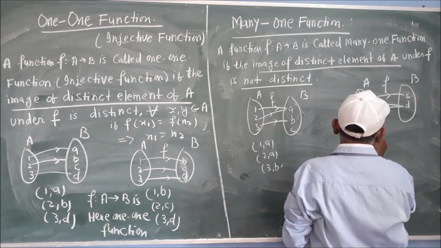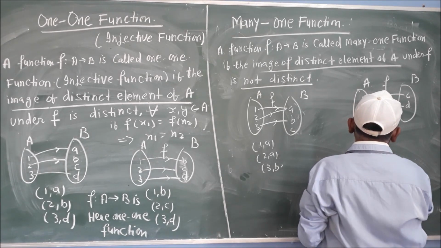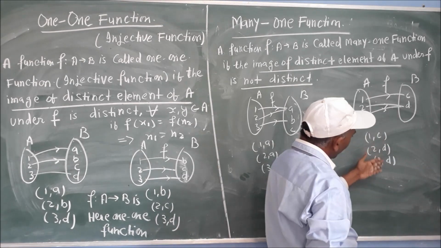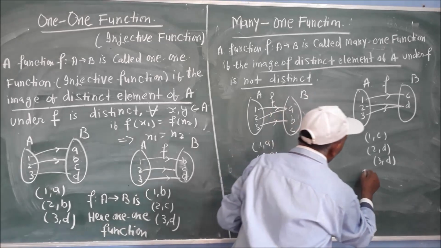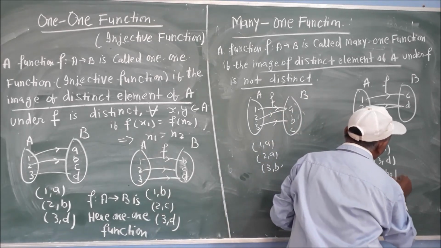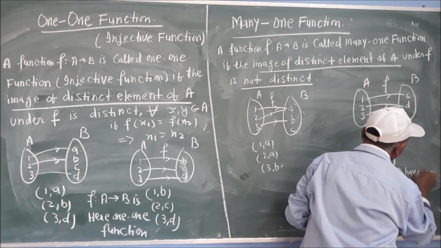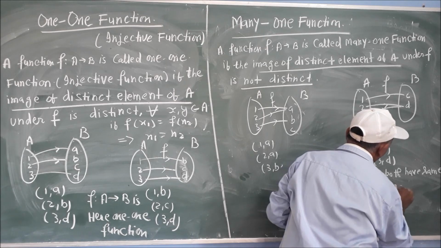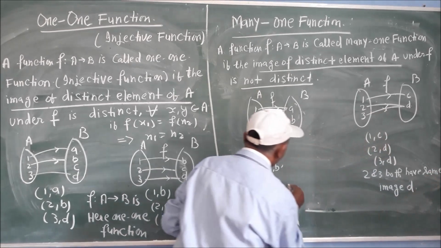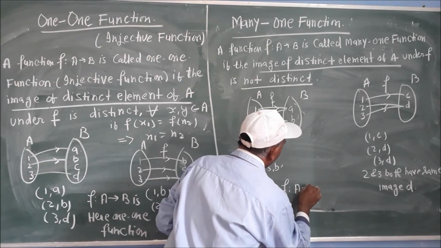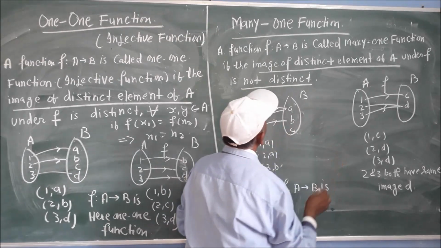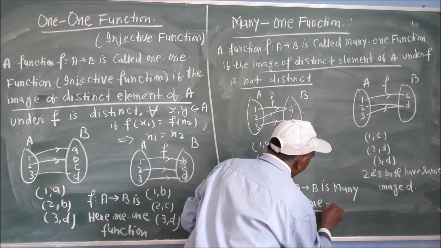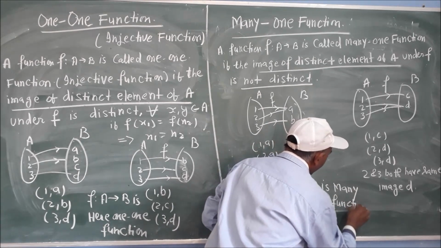So we can say that 1 is associated with C, 2 has image D, and 3 has image D. So here 2 and 3 both have the same image D. So we can say that f such that A tends to B is a many-one function.